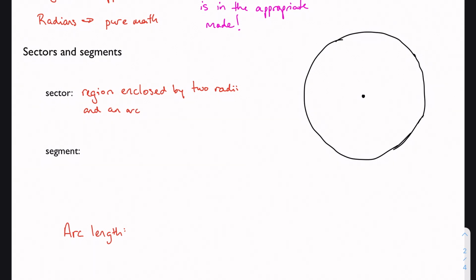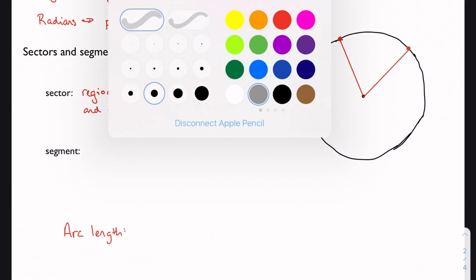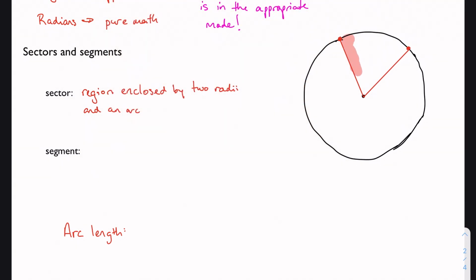So maybe here are my radii, 1, 2. So here is my sector.